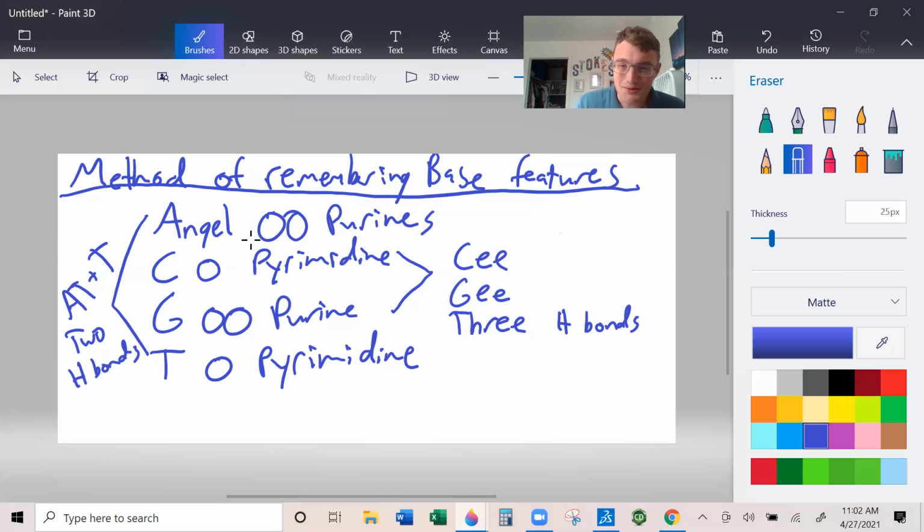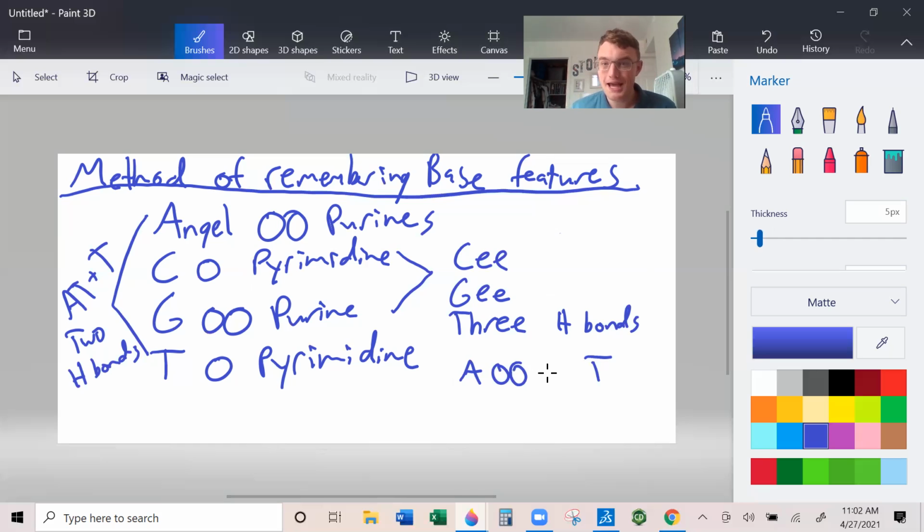The other reason why that won't work is in their rings. Notice, A always pairs with T. How many rings does A have? A has 2 rings. How many does T have? T has 1. If I've got C paired with G, C has 1 ring, G has 2. Notice an A and T pair is 3 rings across.